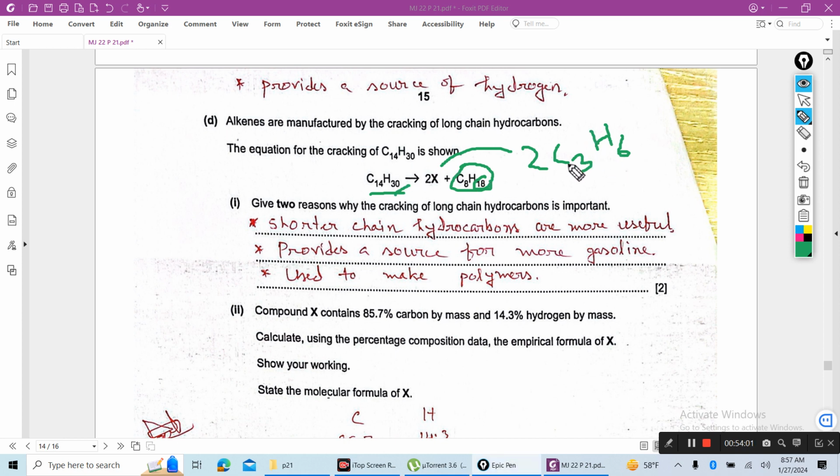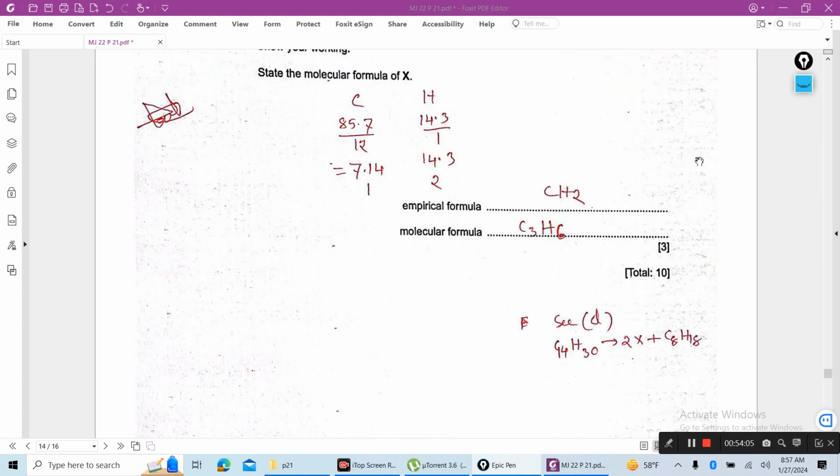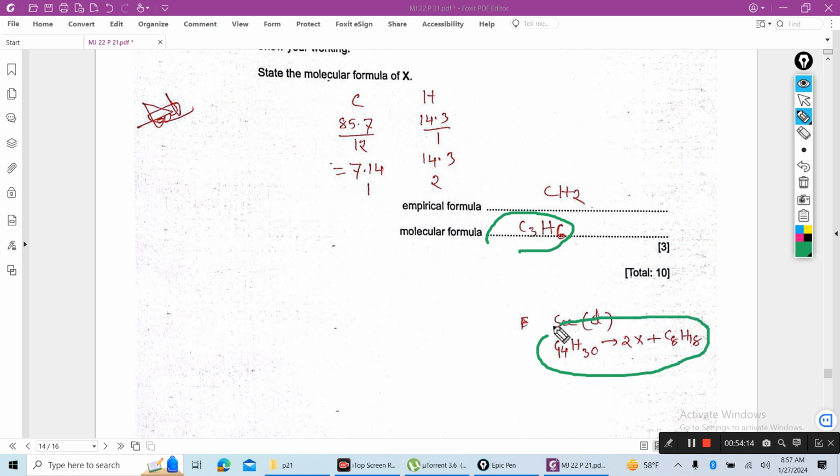That means the molecular formula will be propene. Here propene, from this to this has come.